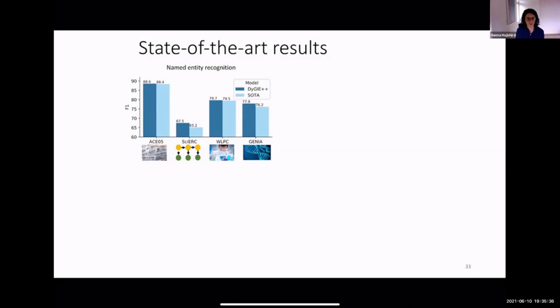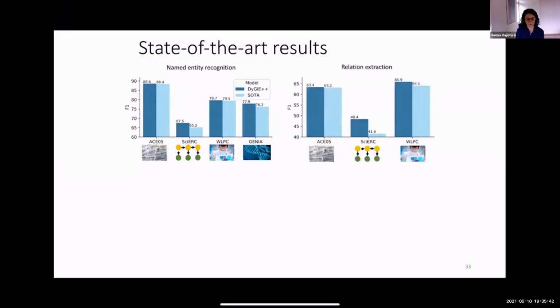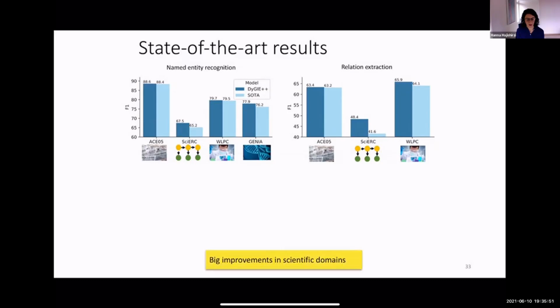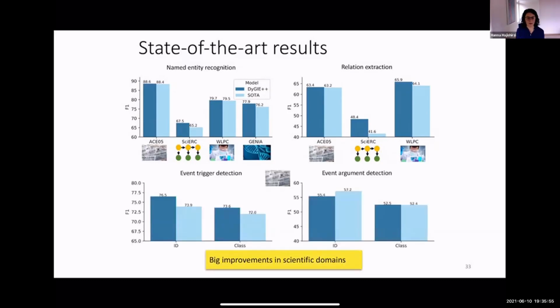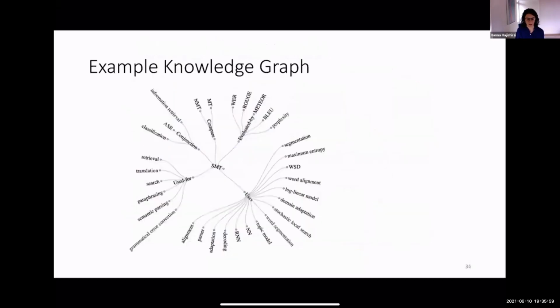As you can see, we see improvement over the previous approach, in particular in the scientific domain. Also in relation extraction, and again, the bigger boosts come in the scientific domain. And then also in events, improvements especially in event trigger detection.